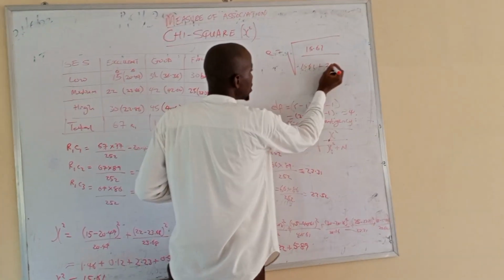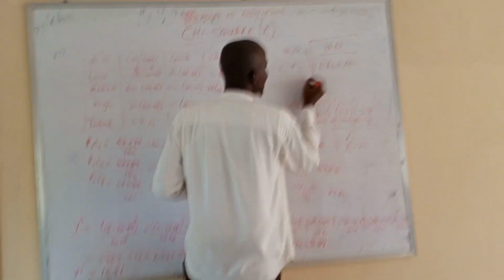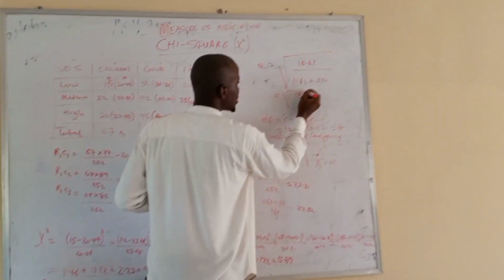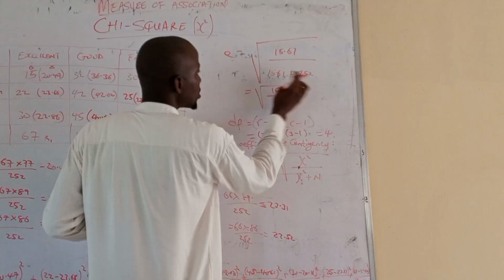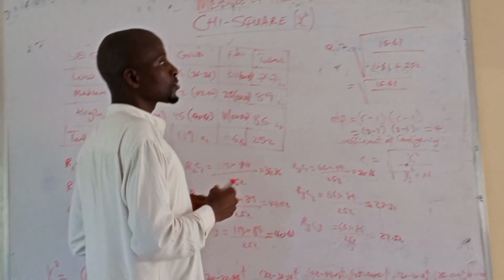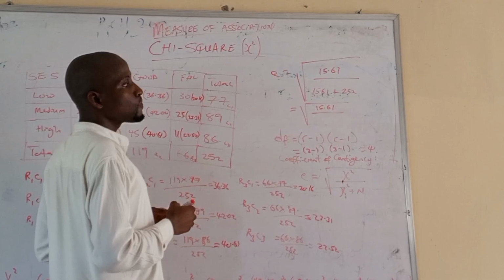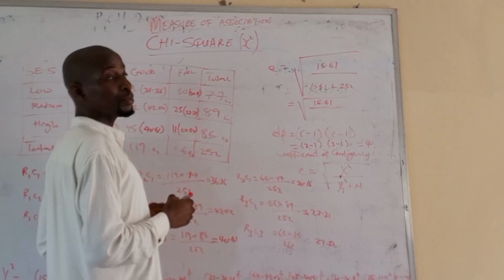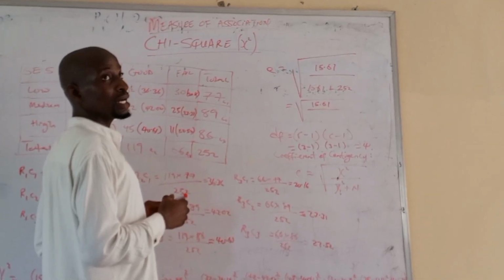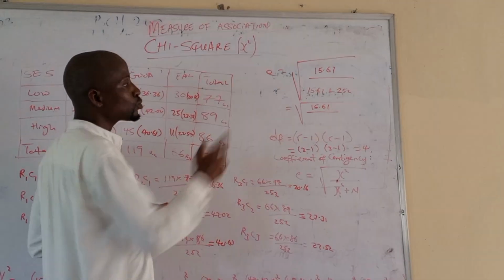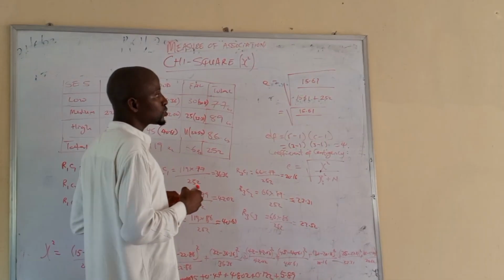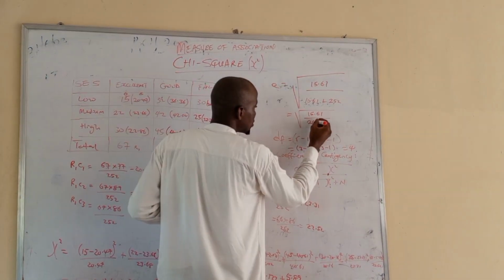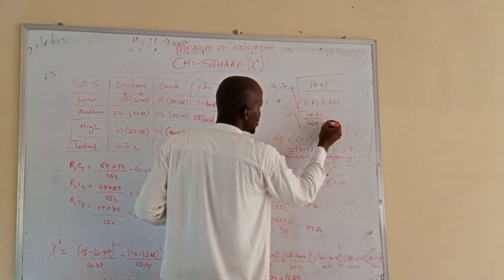So 252. By that, you will then have square root of 15.61 divided by 15.61 plus 252. 15.61 plus 252 will give you what? 267.61.